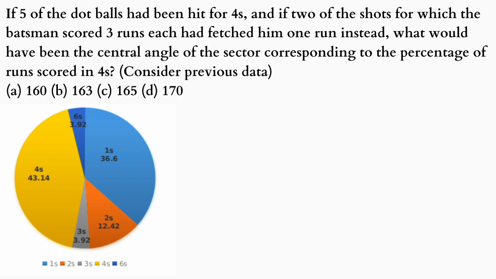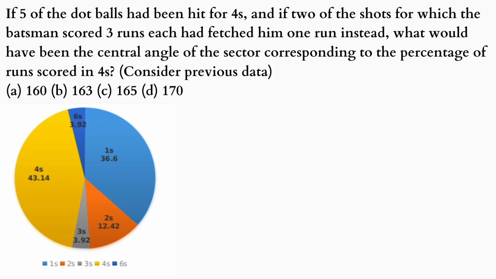And if 5 of the dot balls had been hit for fours, and if 2 of the shots for which the batsman scored 3 runs each had fetched him only 1 run, so what would have been the central angle of the sector according to the percentage of the runs scored in fours? Consider the previous data.